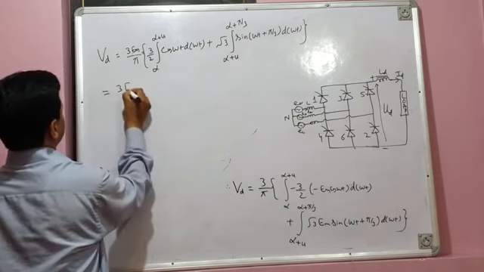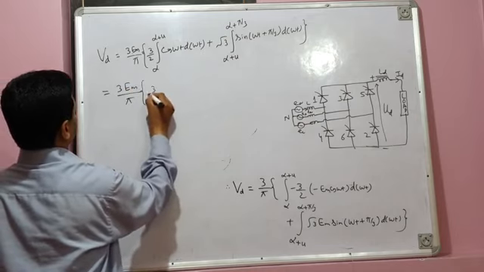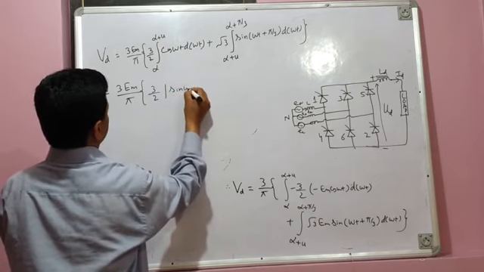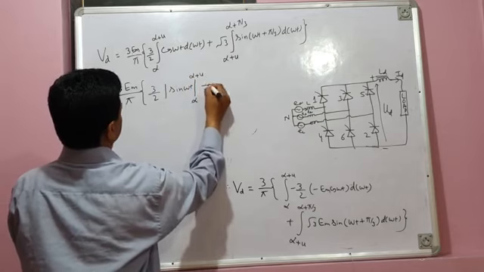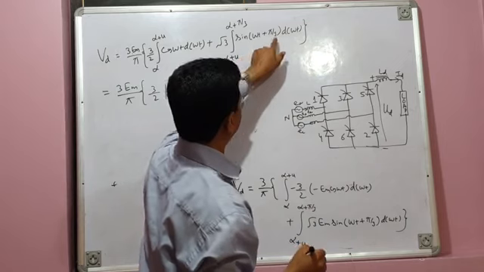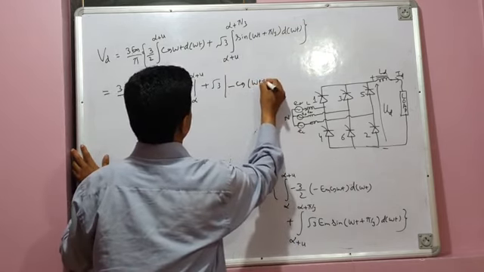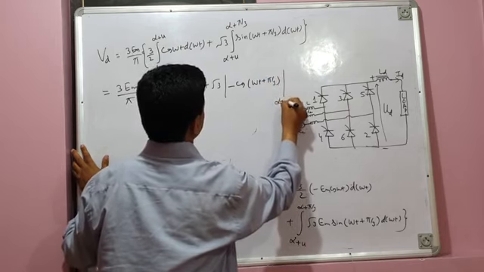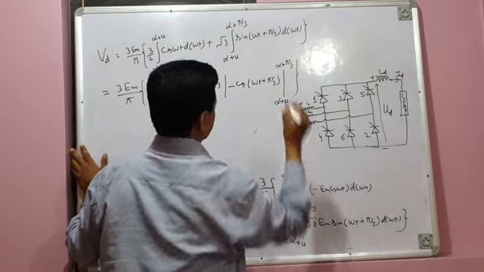Okay, this is it. So I can simplify it. I can write 3 Em by pi times 3 by 2, integration of cos omega t is sine omega t, and the limits are alpha to alpha plus u, plus root 3 times integration of sine of omega t plus pi by 3, which is minus cos of omega t plus pi by 3, from alpha plus u to alpha plus pi by 3.